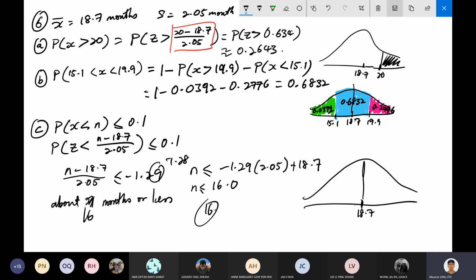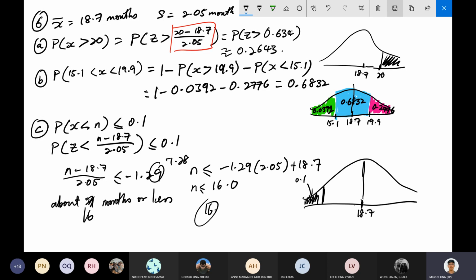Correct? So you want to only exchange for 10% of the trackers. So what is the warranty period has to be less than 18 months. Right? So this is the 0.1 here. Oh, so you're calculating the left side of the curve. Correct. That's why it's negative. Yes.